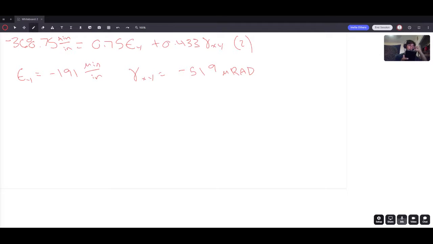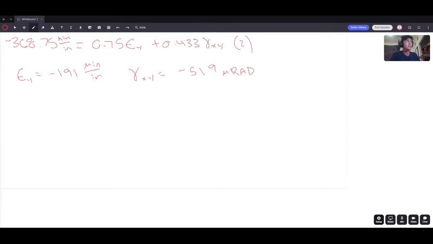All right, now that we have that, and we were already given our epsilon x, we can now solve for the stresses in the x and y direction and tau xy. And then we can use that to do our Mohr circle.